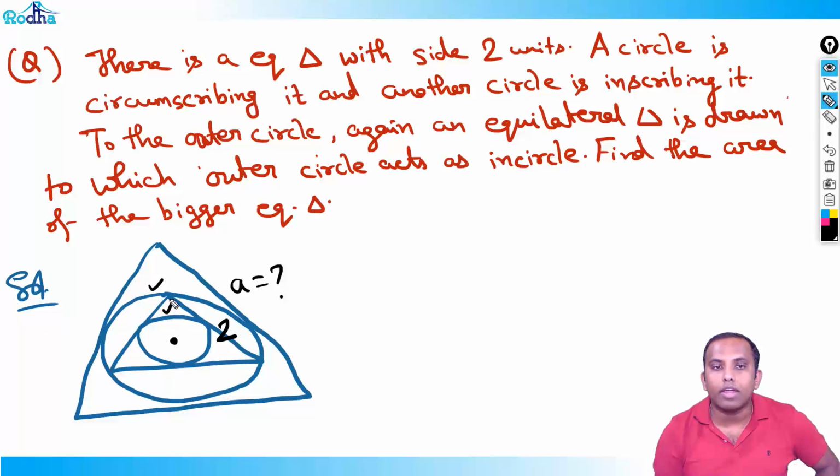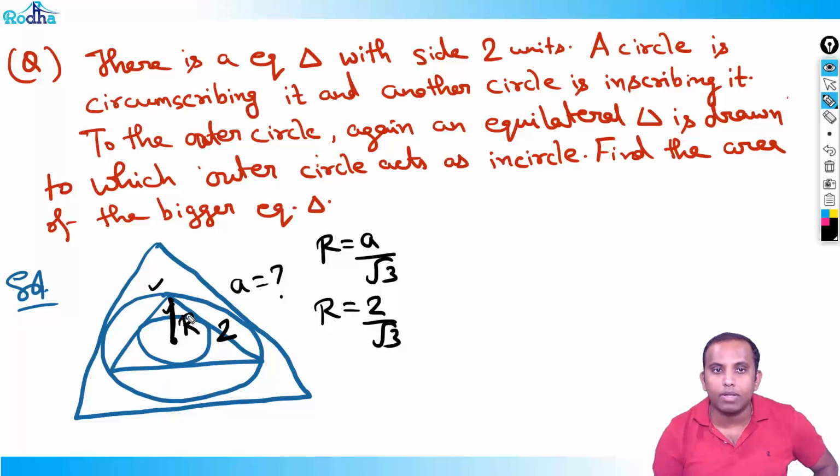Circumradius R is a by root 3. Side is given as 2, so for this equilateral triangle the circumradius becomes 2 by root 3.